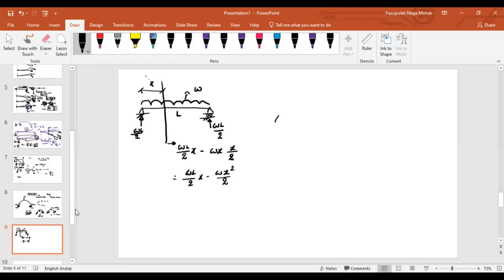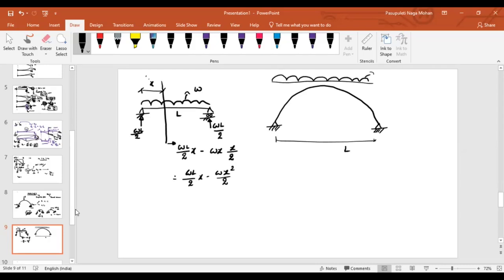Now, if I represent any arch, either a 2-hinged arch or a 3-hinged arch, assume that the length is L and there is a UDL W acting over the arch, with supports A and B. Similarly, what will be the support reactions here?